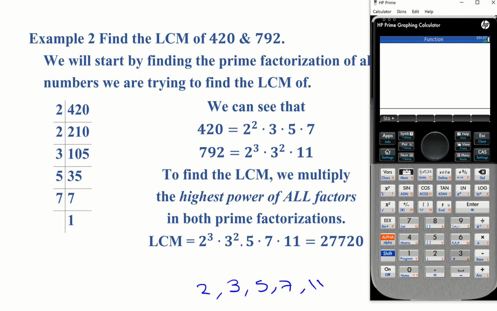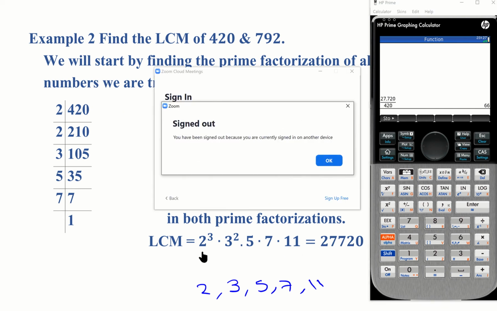All right, so we want 27720, and we're going to divide that by 420. And when we do, we get a perfect 66. So we know 420 goes into the LCM 66 times. Notice you can see that very nicely, because here is the LCM. It's right here, right?